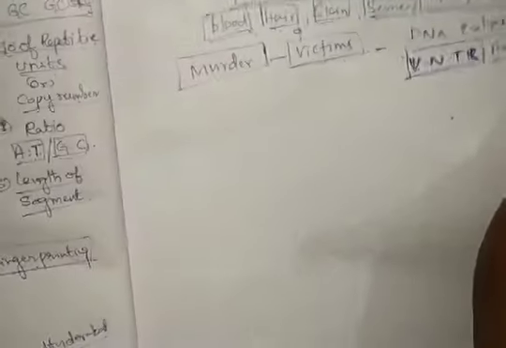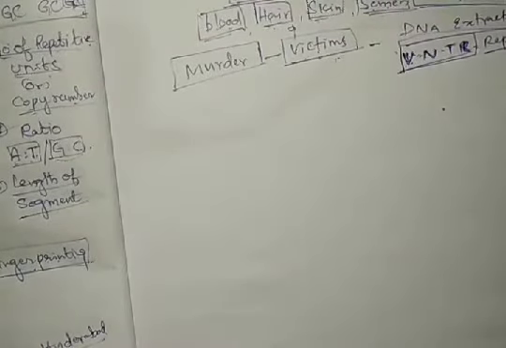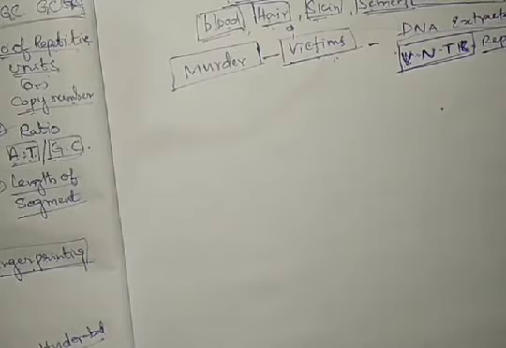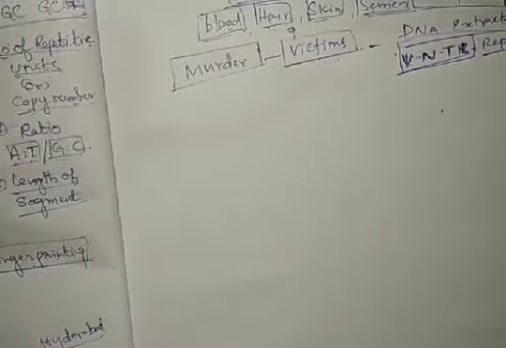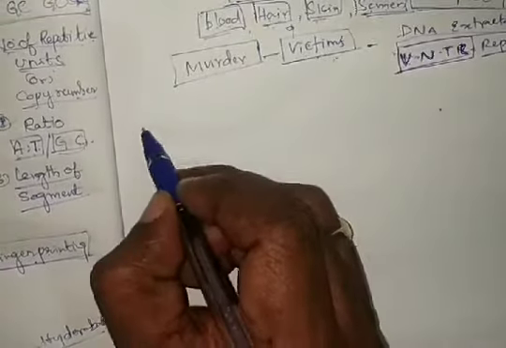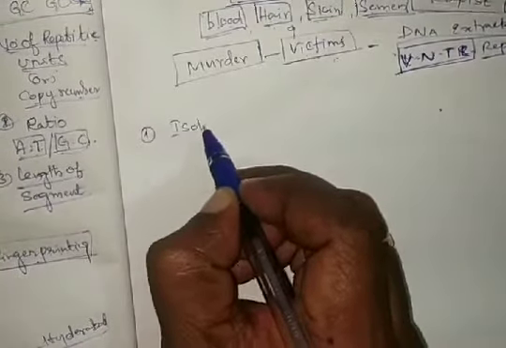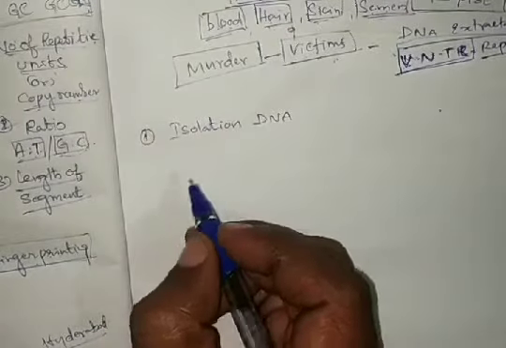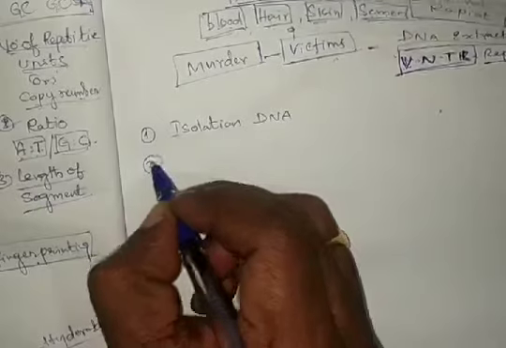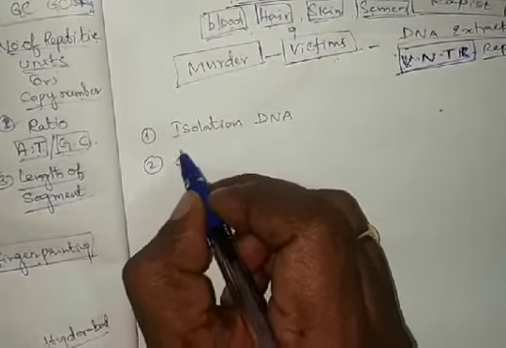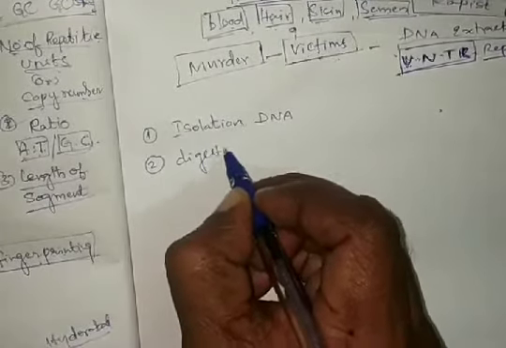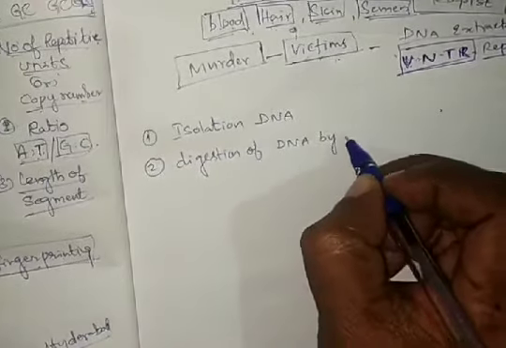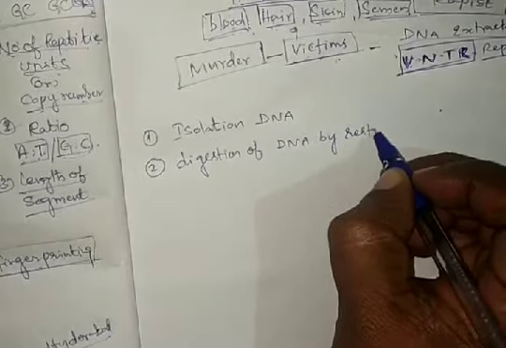Now, what are the steps in DNA fingerprinting? First step, isolation of the DNA. Second step, digestion of DNA by restriction endonucleases.